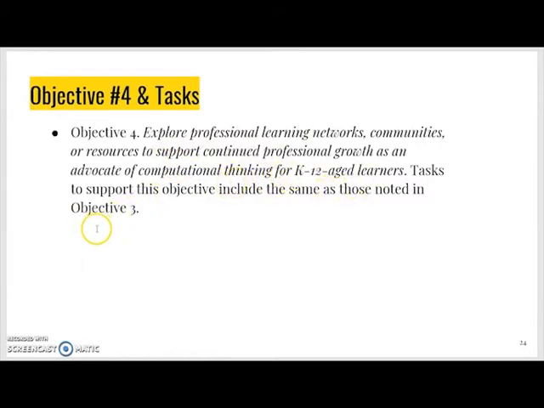Same as 3, this is really an extension of 3. I say advocate, and I guess that's dangerous because it sounds like I'm telling them they should be an advocate, but they really don't have to be. I make that clear, but this is sort of assuming if they do advocate for it, what are those networks, communities, etc., that they can use.